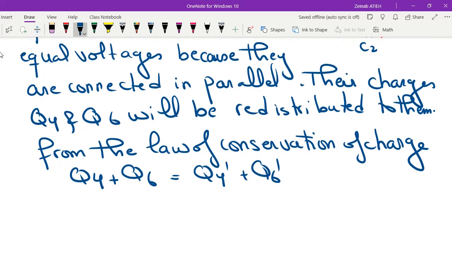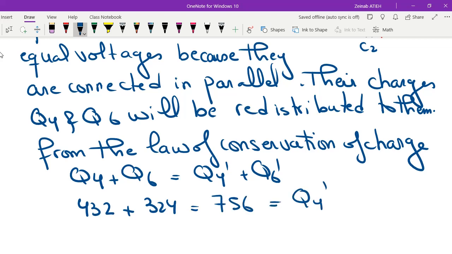Q4 أنا already حسبتها وال Q6 they were 432. Q4 was 432. Q6 was 324, which will give us 756, which is Q4 prime plus Q6 prime. Okay, so this is the first equation. Let me call it 1. Okay, so this is equation 1.